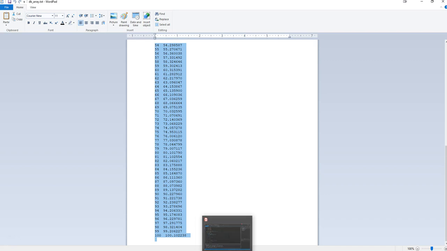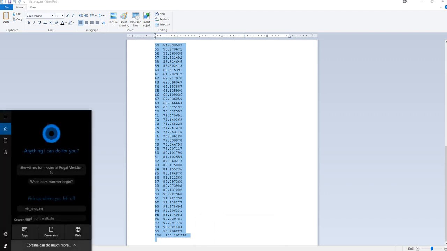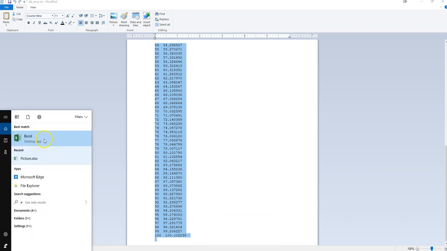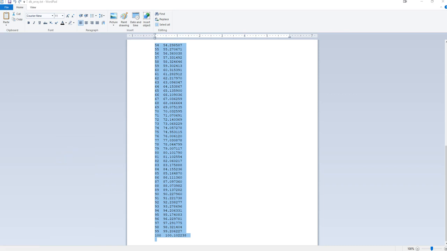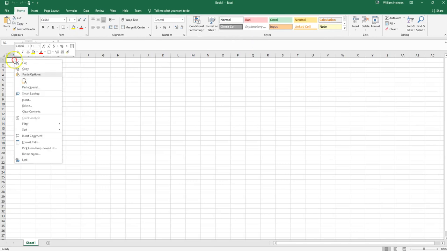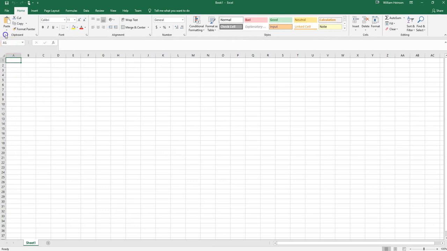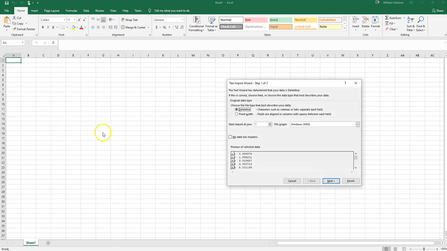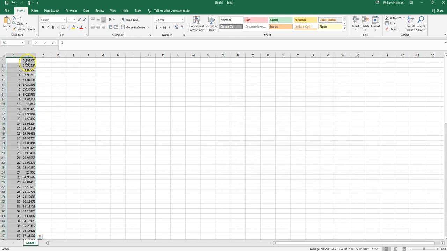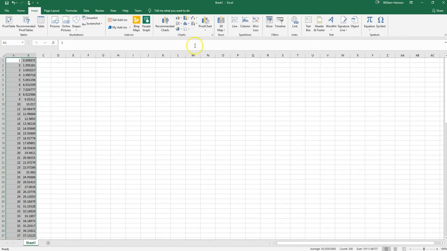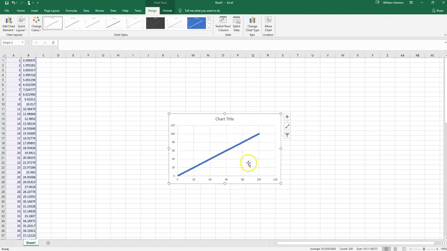But let's go ahead and graph it. So I just copy and paste. Paste it in. Highlight it real quick. Insert scatter plot.